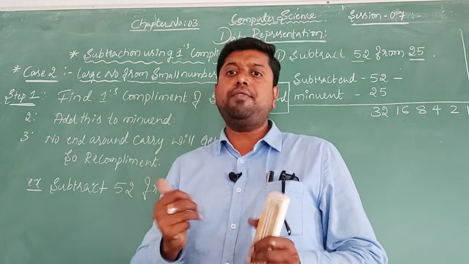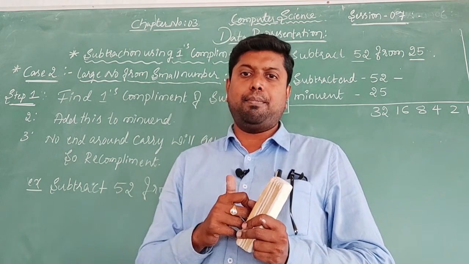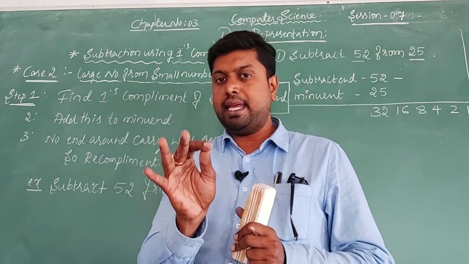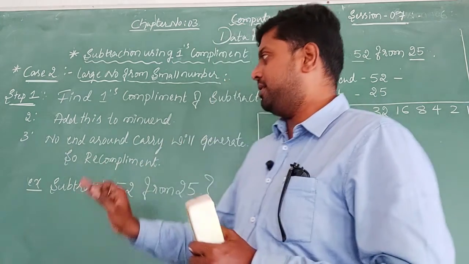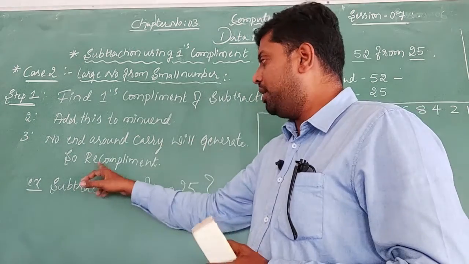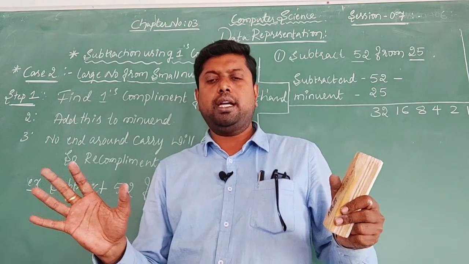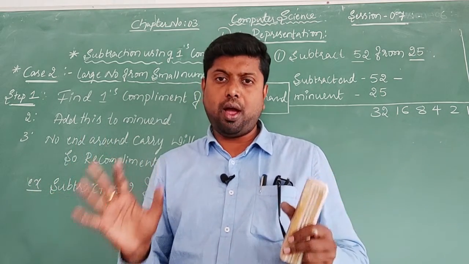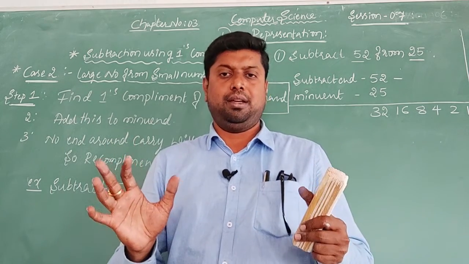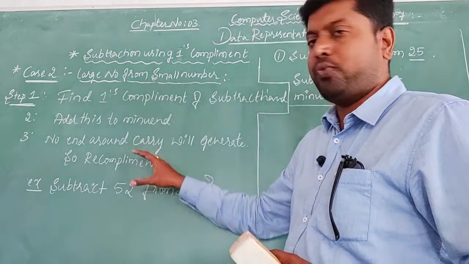But here it is the reverse: we are subtracting a large number from a small number, hence we will not get any end around carry. No end around carry is generated, so we have to recomplement the result. So these are the steps we have to follow.